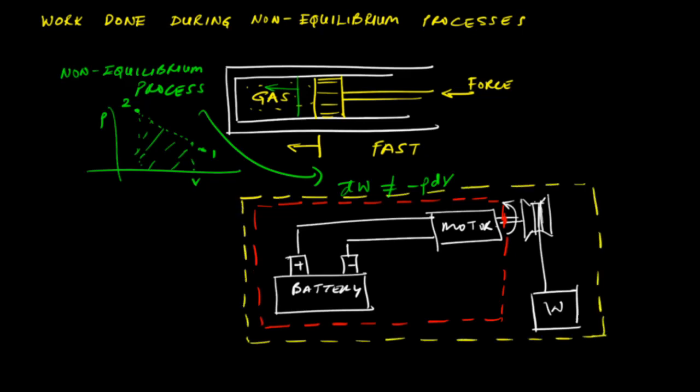However, if we choose the system boundary that is shown in yellow, then no work is done by the system, even though the battery is operating the motor and the motor is turning the shaft and the weight is being raised. This is because work comes into the picture only at the system boundary.